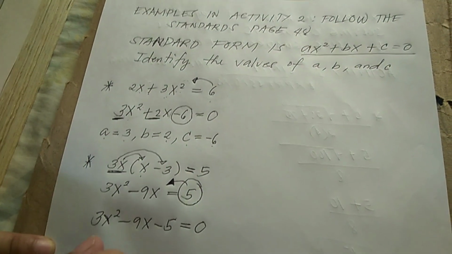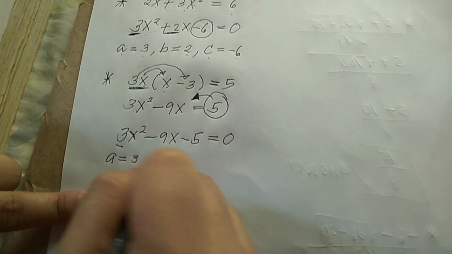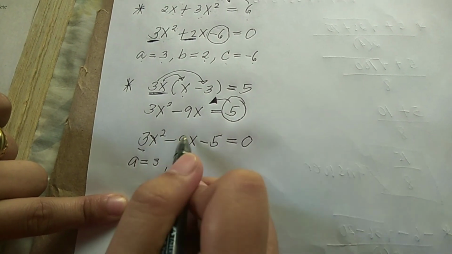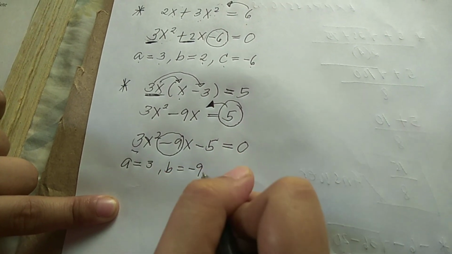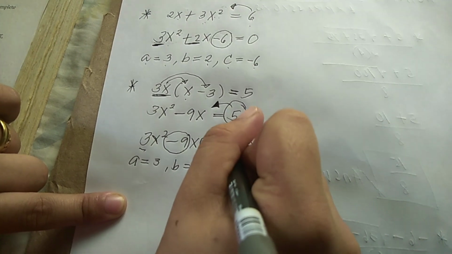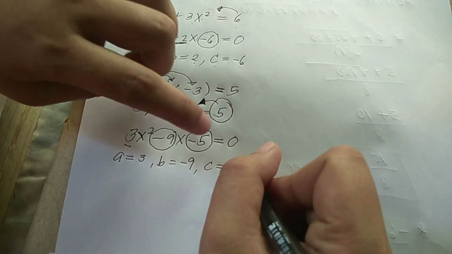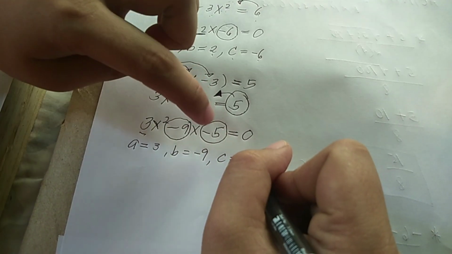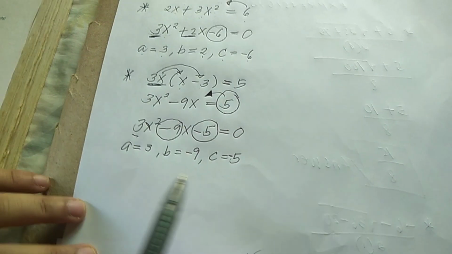Then, we can identify the value of A. A is 3. B is negative 9, including its operation. And then, C is the constant term, the one without a variable, along with its operation, which is minus, so it is negative 5. So, there you go.